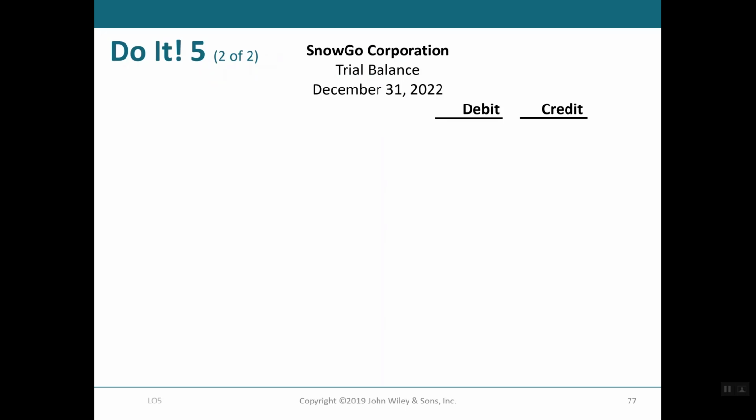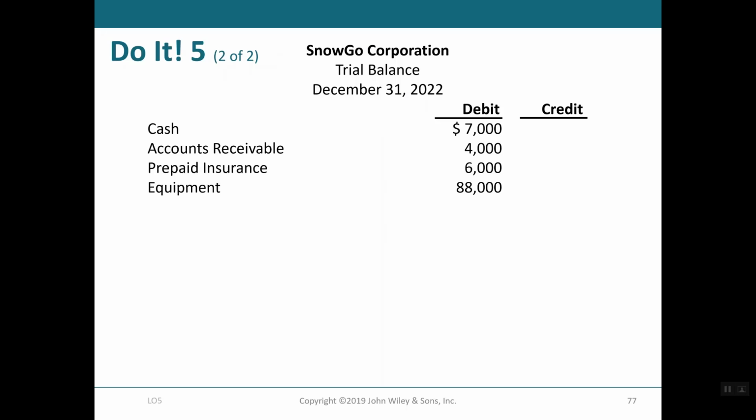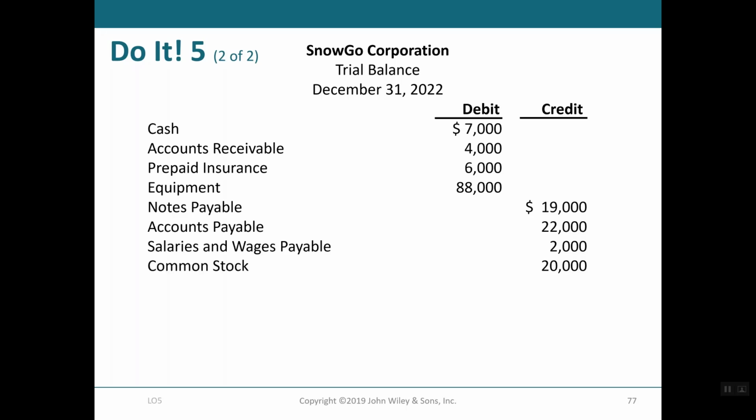Okay, we already have our names, the trial balance, December 31st. All right, so cash is a debit balance. We all know that. Accounts receivable, all assets have debit balances. So we just put them under the debit side. Assets, equipment. Under notes payable, we know that's a liability, and liabilities have credit balances. There we go.